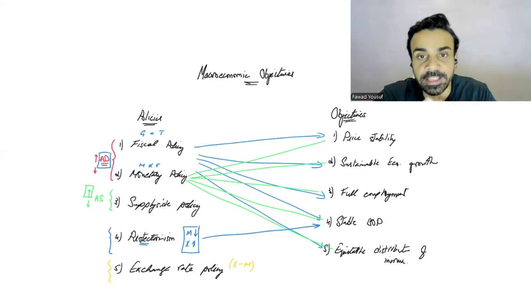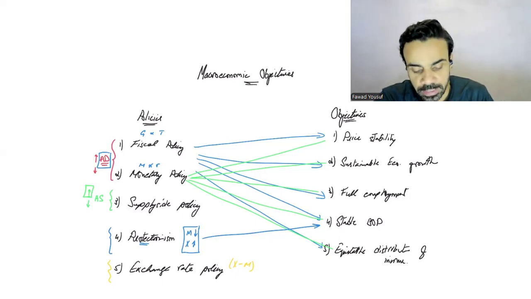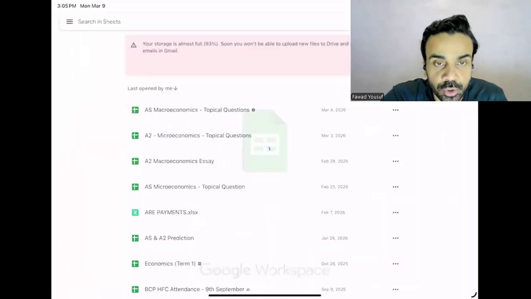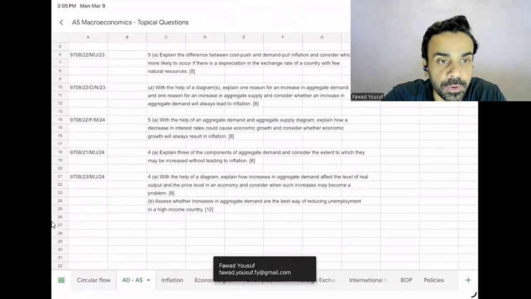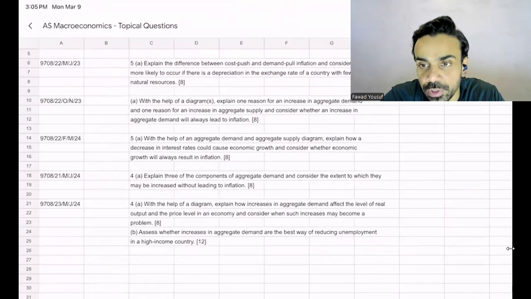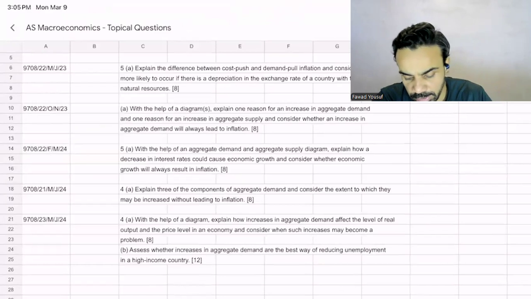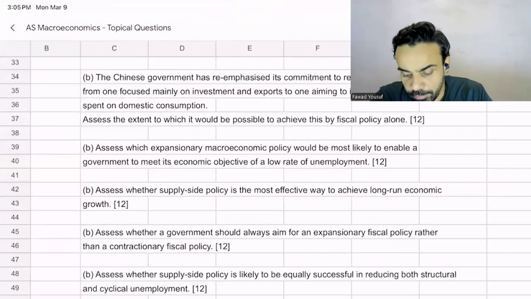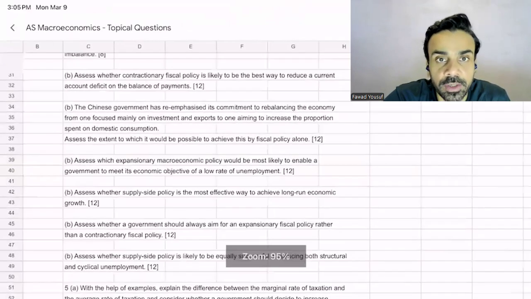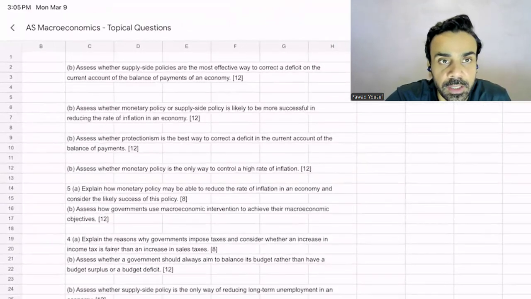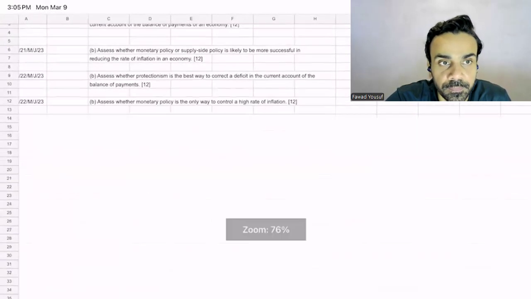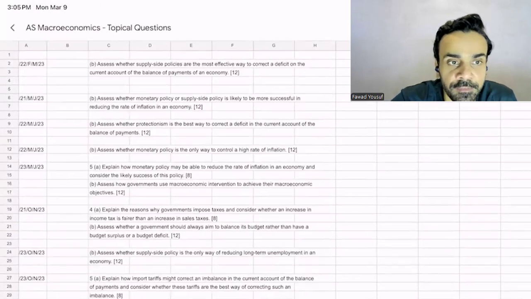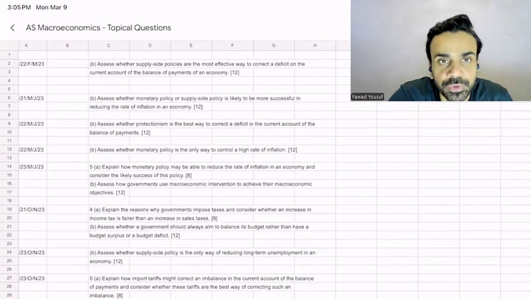So this is your major topic. If we talk about topics, this is one of the major topics. So if I share some of the questions to understand what we're dealing with here. If we go into the policies, just take a look at the questions that we have in hand here. These are the questions that have so far come in Cambridge. Every year, every variant, plenty of questions.